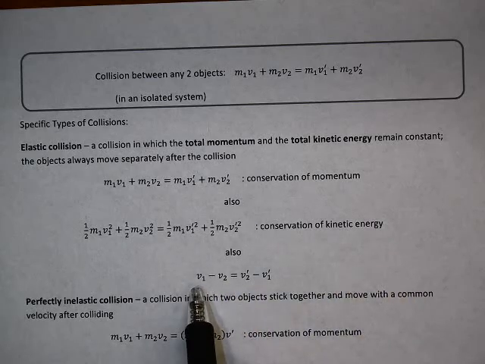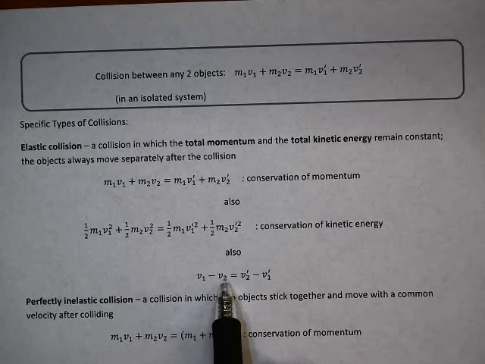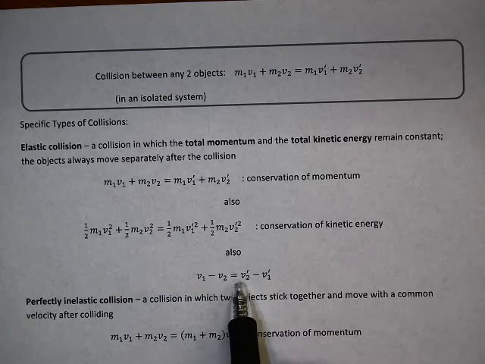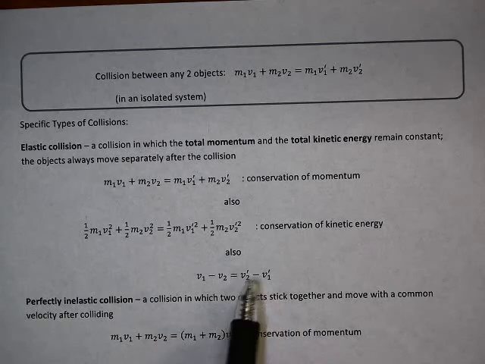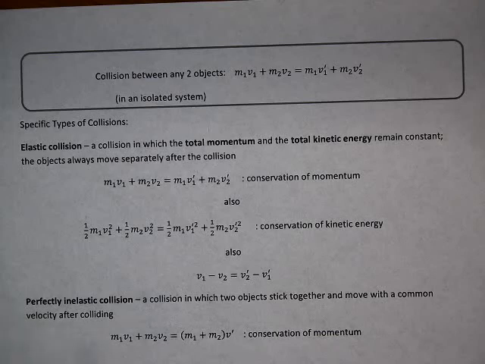But it says that the difference between the two velocities initially is equal to the difference between the two velocities after the collision with a sign change. That's useful, and we'll observe that later on.